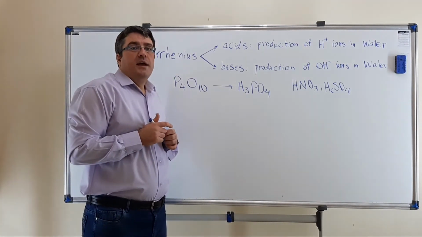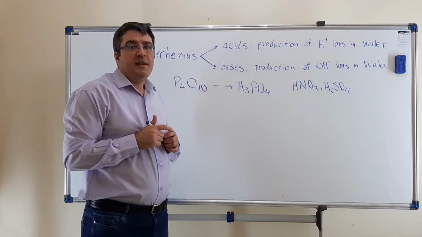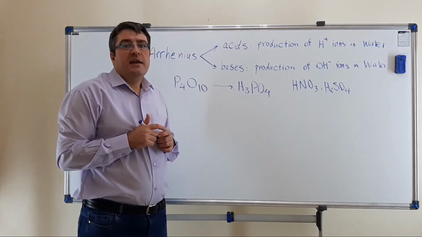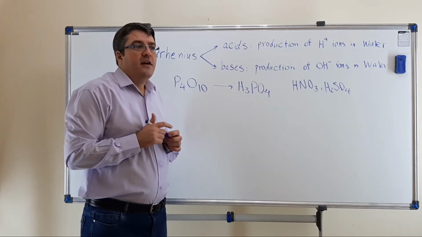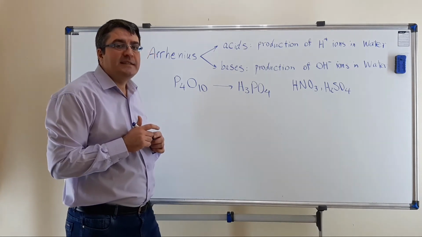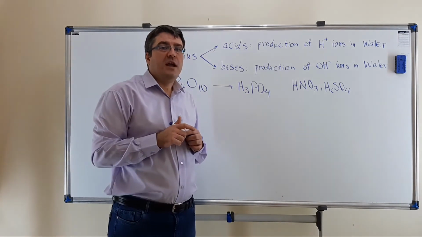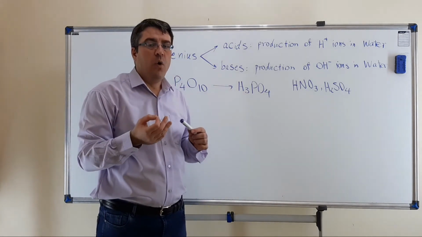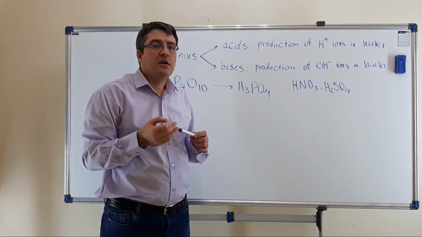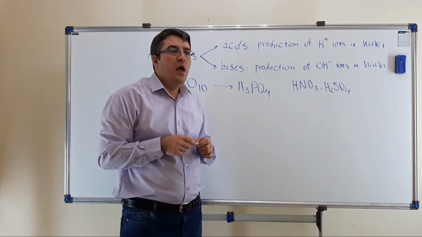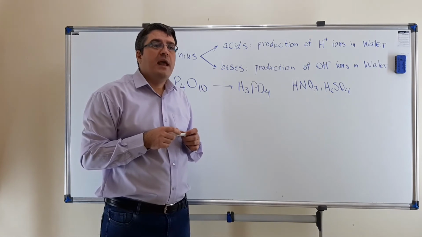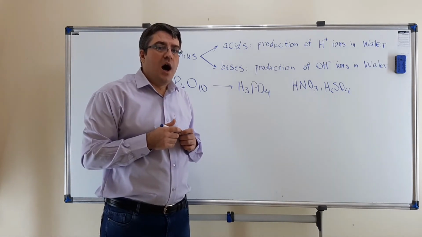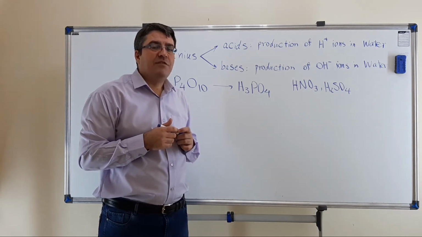Lavoisier considered oxygen as the central part of acids. Lavoisier considered acids as some specific oxygen-containing or oxygen-based compounds. In fact, because of this, Lavoisier named the element oxygen as acid former.